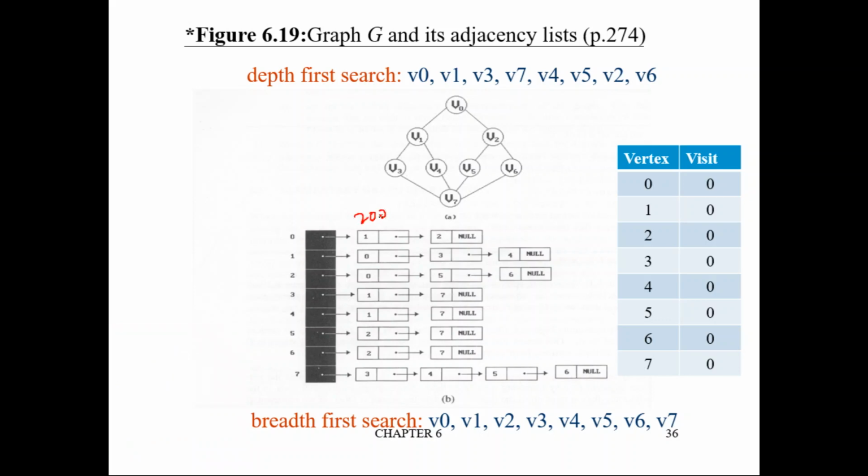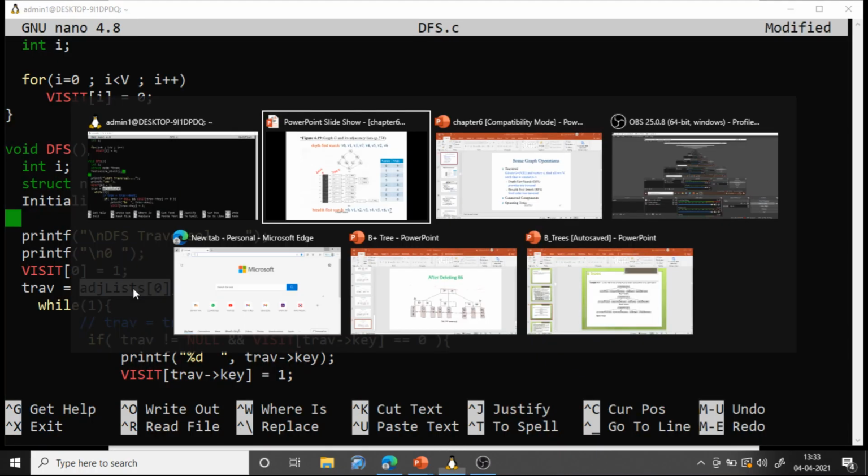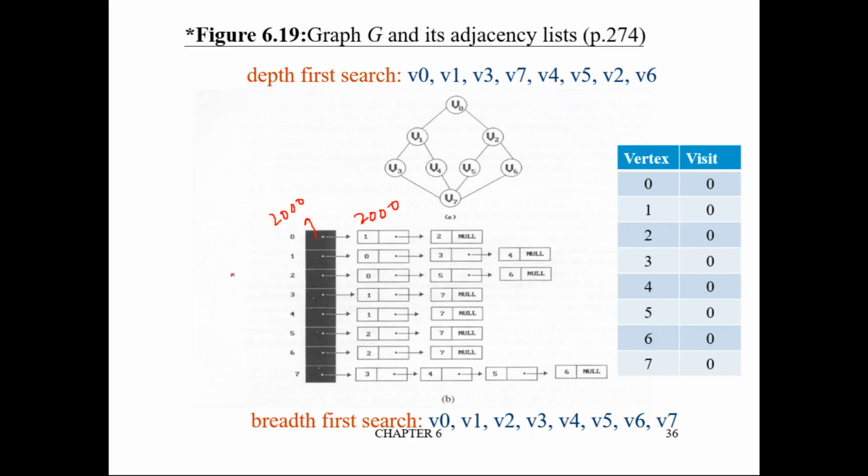When you say traverse equal to adjacency list of 0, traverse also contains 2000, which means traverse is pointing to the location 2000, this particular node.